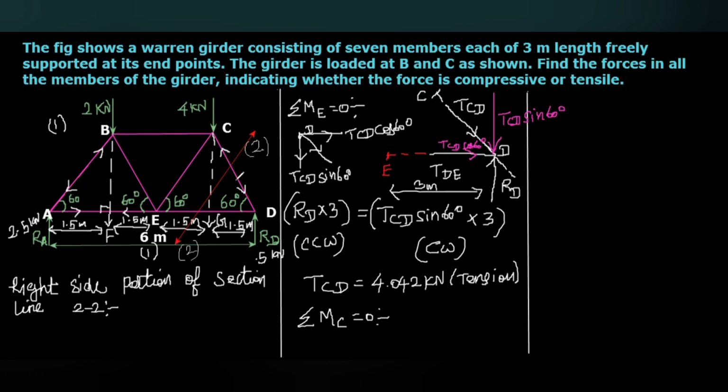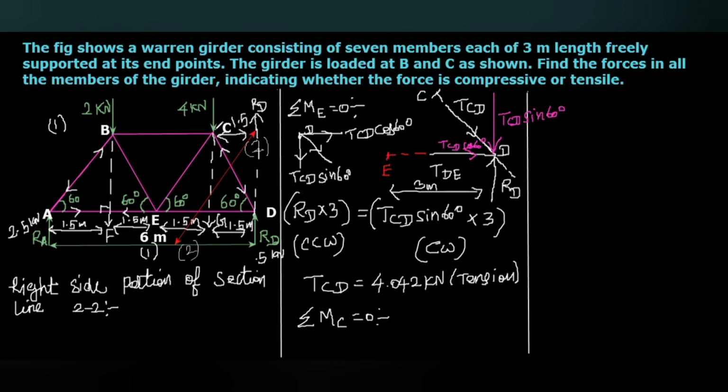Here, this TCD is acting exactly through the point D. And as we discussed earlier, this is the line of action of the reaction force RD. So we can consider RD is acting at any point on the line of action, and this distance will be the same, 1.5 meter.